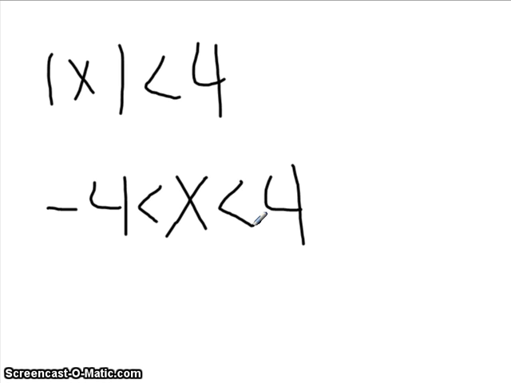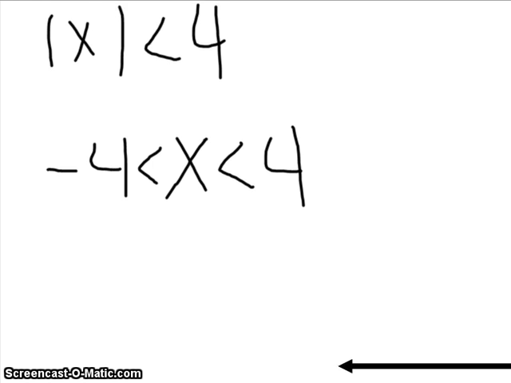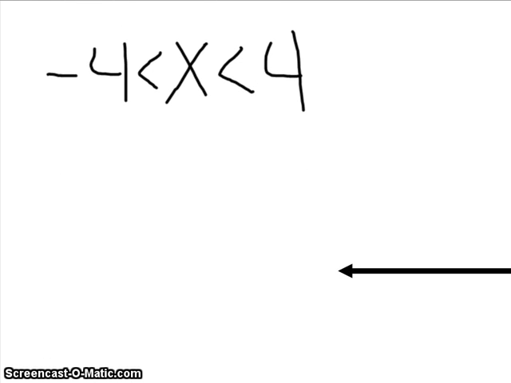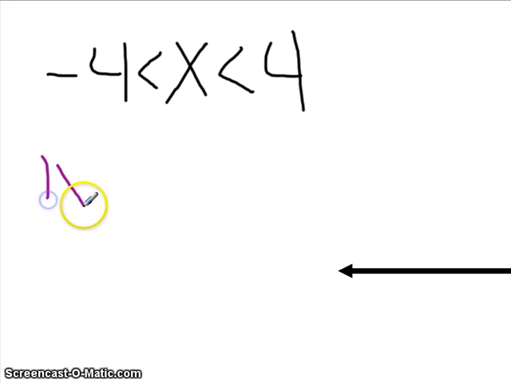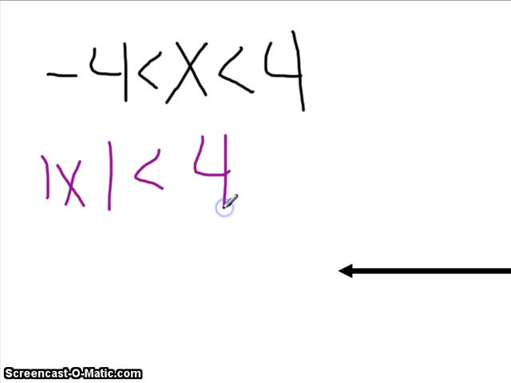Now let's look at that same problem and try to do it without a graph. So let's just change our colors here. If we have the absolute value of x is less than 4, I like to tell my kids those absolute values, you just separate them.